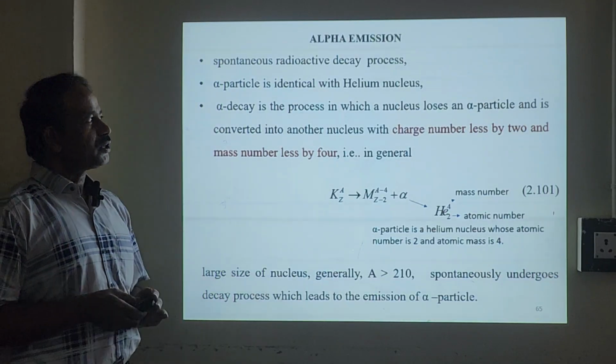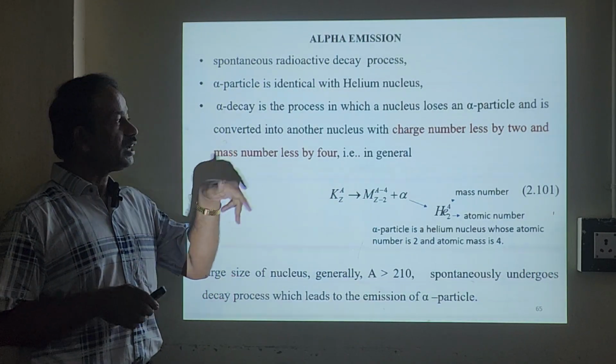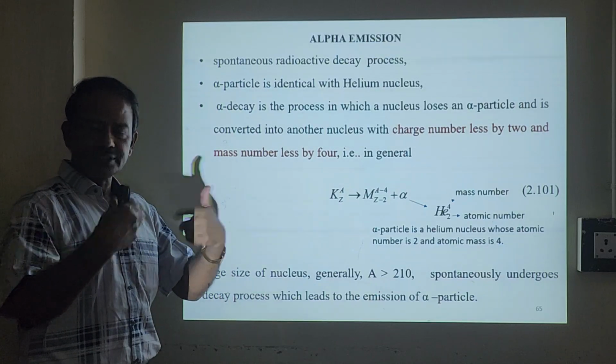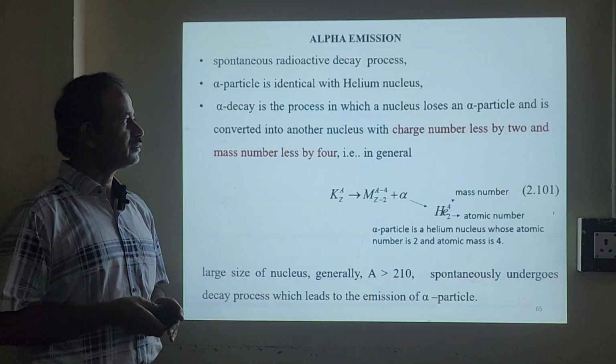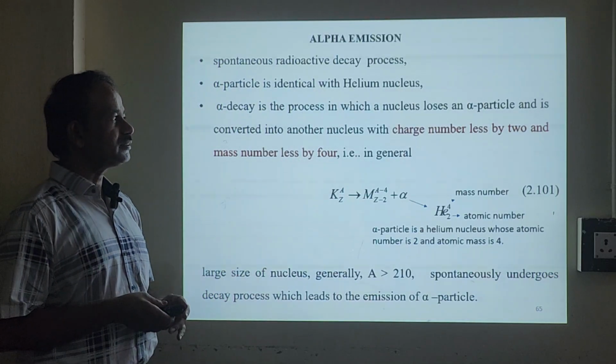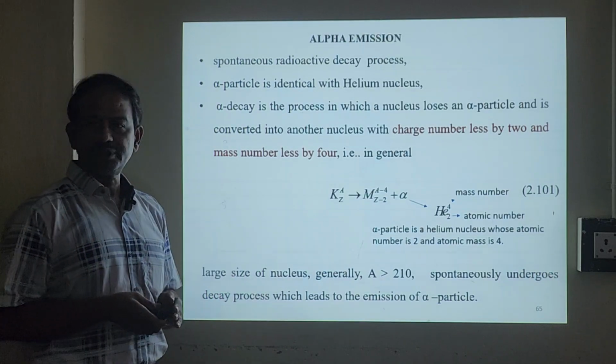Alpha decay is the process in which a nucleus loses an alpha particle and is converted into another nucleus. So a big nucleus converts into another nucleus by emitting an alpha particle, with the charge number less by 2 and the mass number less by 4.